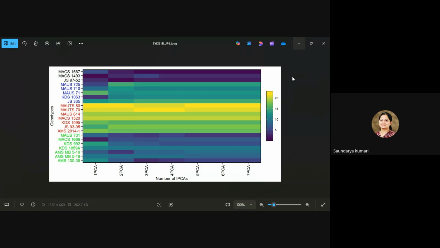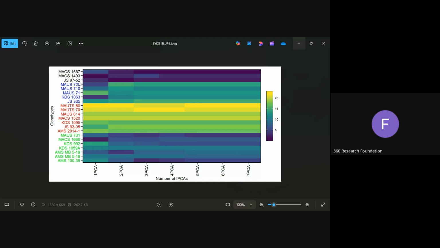I'm asking because KDS 992 and AMS 139, in the previous analysis, whatever genotypes are there in this last cluster, 731, 992, 139, 518, 519, we used to interpret that all these genotypes are almost nearer to the origin with minimal discrimination across the environments. Yes, all those genotypes are there in one group.